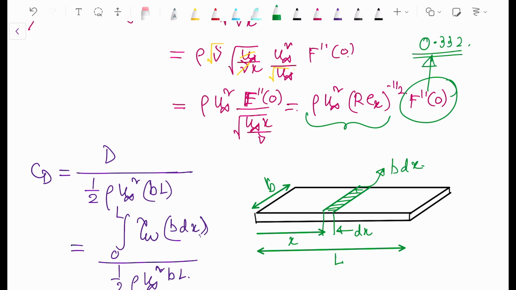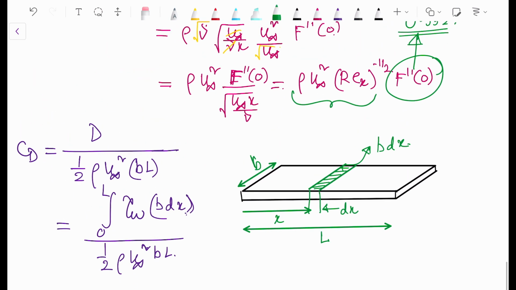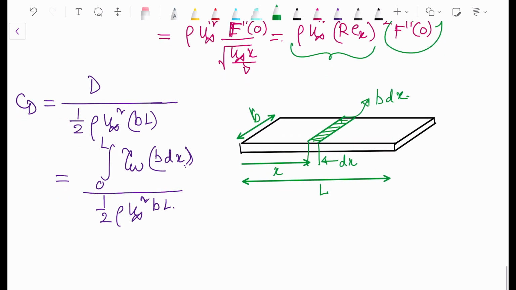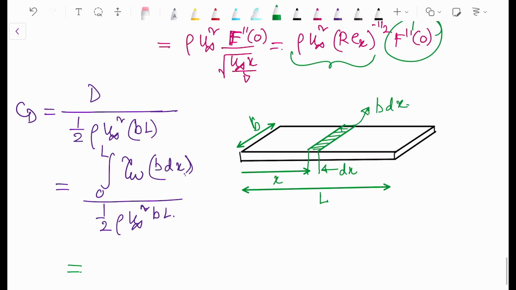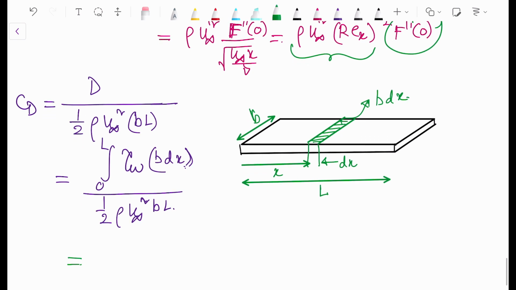So at x, if I am having tau wall, then the dF will be tau wall into the area, that is b dx. I am just integrating that, and tau wall is what I have just calculated: rho into u infinity square into Rex to the power minus half into f double dash 0.